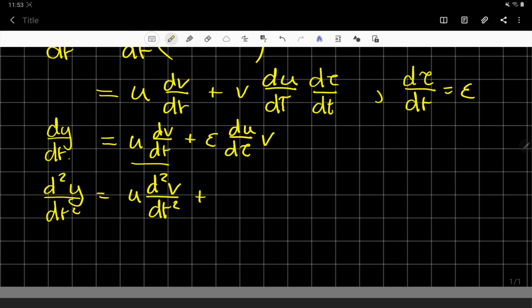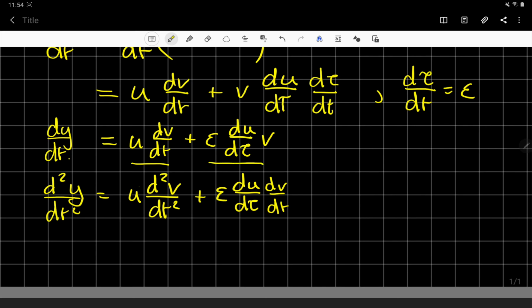And then I'm going to differentiate u, but as before, I'm going to use a chain rule. So that's going to give me epsilon du/d tau. So all this is du/dt, which is du/d tau times d tau/dt, and d tau/dt is epsilon. So that's first term done. Oh, nope, sorry. I need dv/dt here.